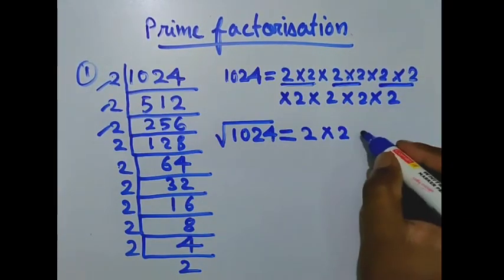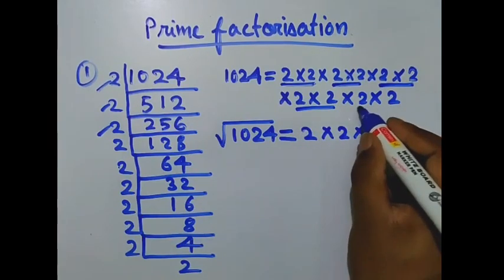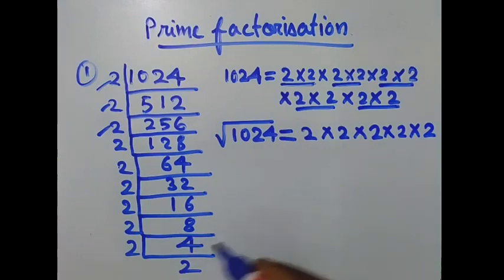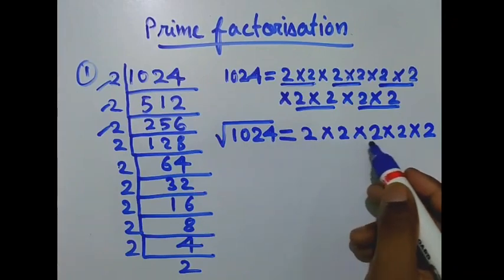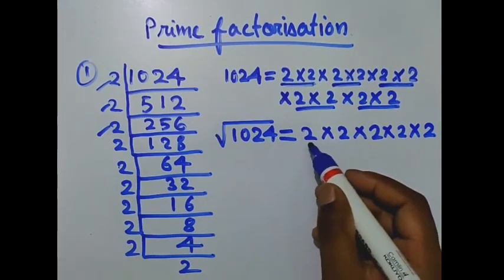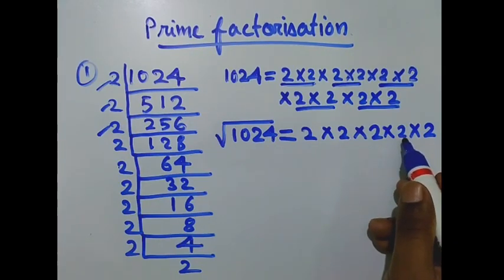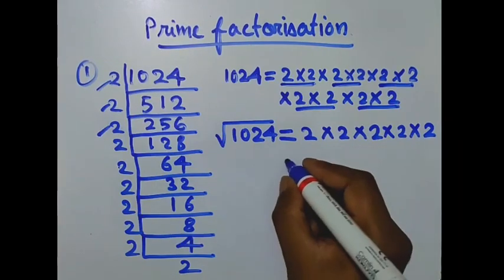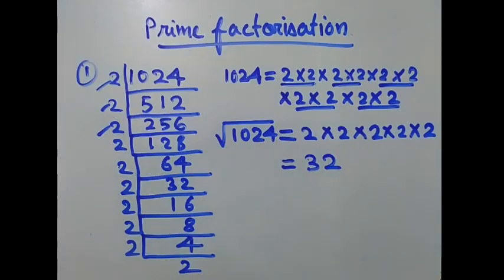There is another pair, we can bring it down as 2. Another pair, we bring it down as 2, and there we have another pair which we bring down. So finally we get this product: 2 times 2 is 4, 4 times 2 is 8, 8 times 2 is 16, 16 times 2 is 32. So the square root of 1024 will be 32.